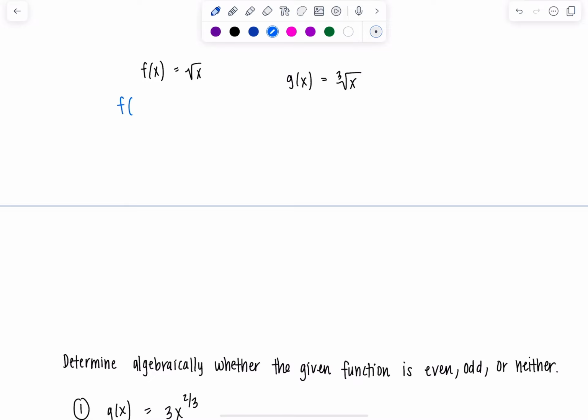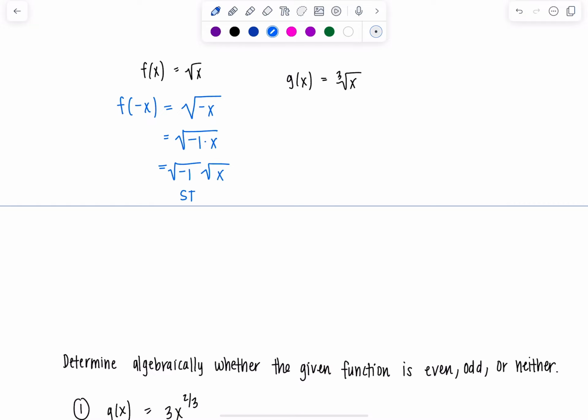So starting off, you always replace x with negative x. And so here I would have square root of negative x. Now, to further simplify, you would try to break up the negative underneath the radical from the x, and I would rewrite it as radical negative 1 times x, and then rewrite this as square root of negative 1 times square root of x.